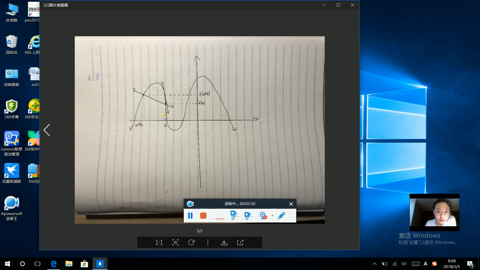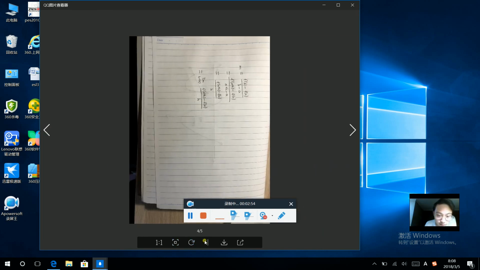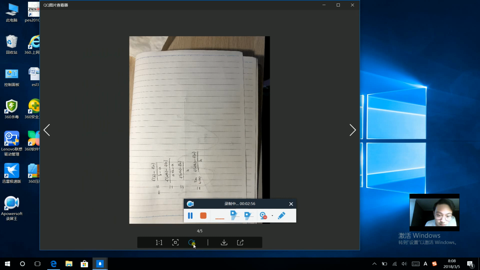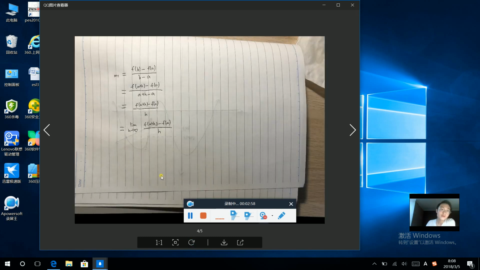I'll show you another picture. The first step is the formula for the secant line. I just put the A plus H in it, which relates to my graph.